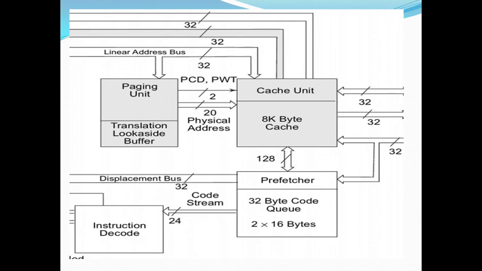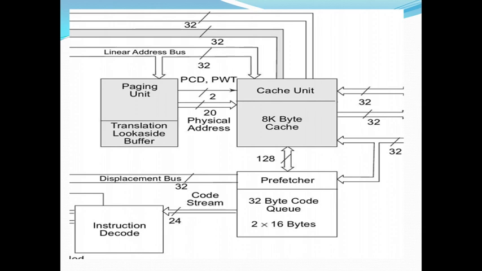Next, instruction unit, or we can say instruction pipeline or decode unit. It decodes the instruction in queue and passes control to the protection test unit. The instruction decode or pipeline unit consists of 3 basic parts: prefetcher, 32-byte code queue, and instruction decoder.